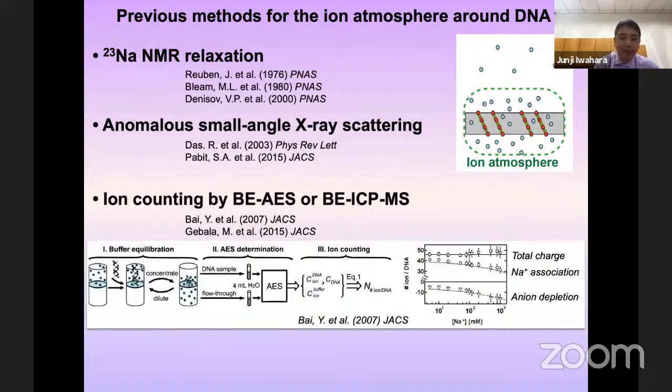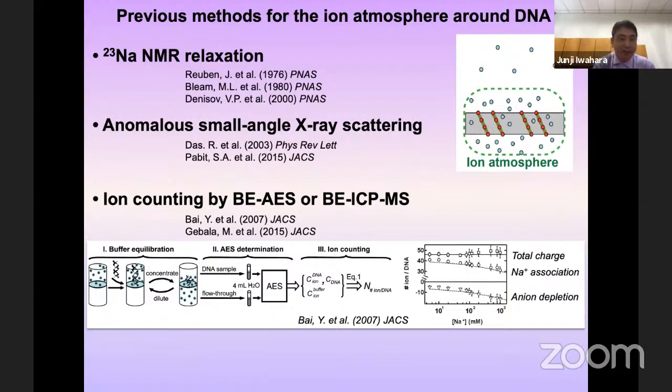More recently, Dan Herschlag's group developed the method called the ion counting method. And they used atomic emission spectroscopy or ICP mass spectrometry to quantify ions around DNA or RNA. The ion counting method was really helpful to advance the field of ion atmosphere around nucleic acids.